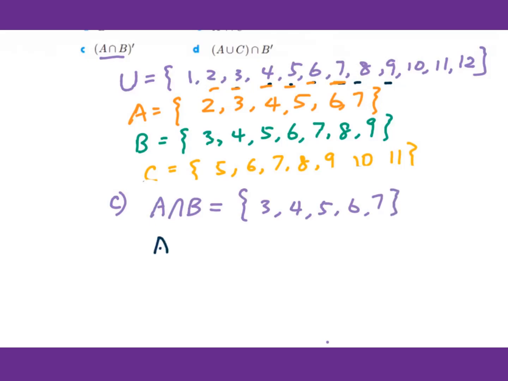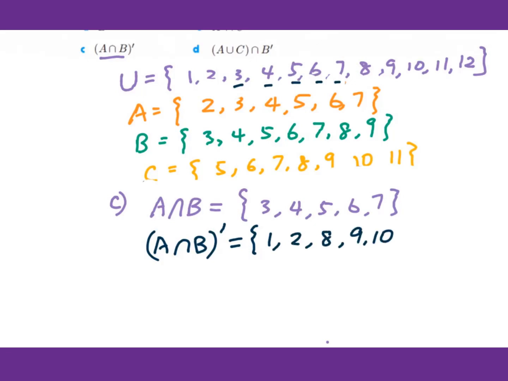Then the complement of the intersection of A and B equals, I need to cross out 3, 4, 5, 6, 7. So you will get 1, 2, 8, 9, 10, 11, 12.